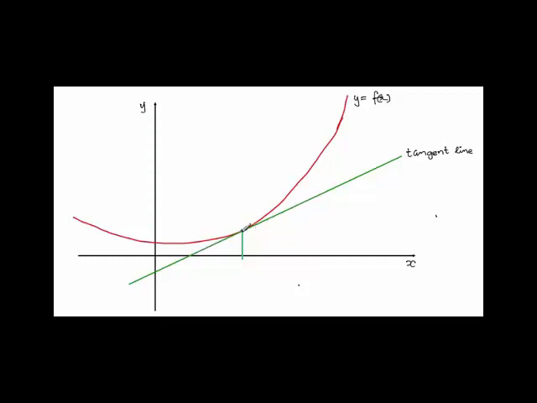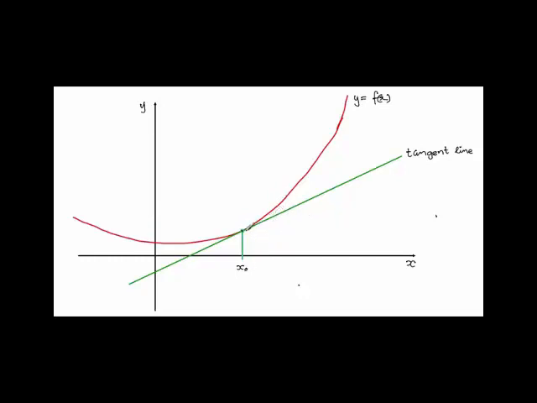So we say the slope of the curve here is the slope of the tangent line. But this is a slope only at one point, at that instant when x = x0, which the curve shares with the line.